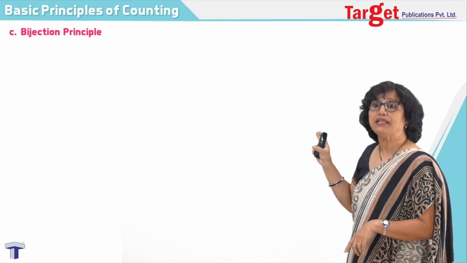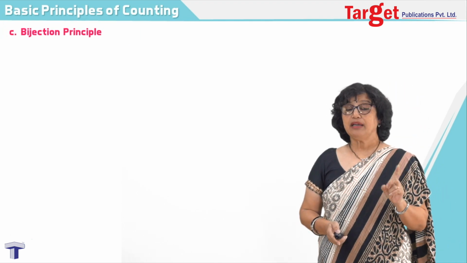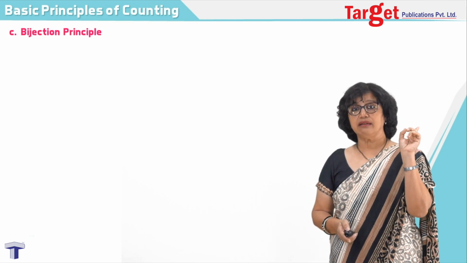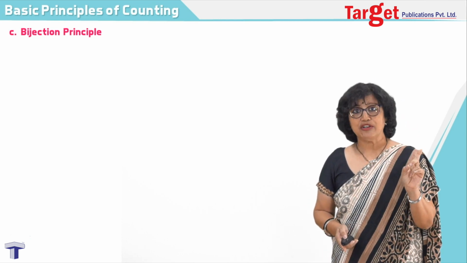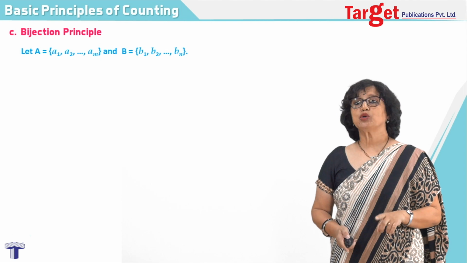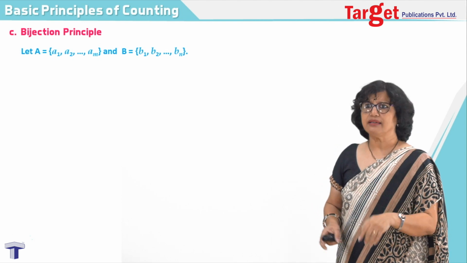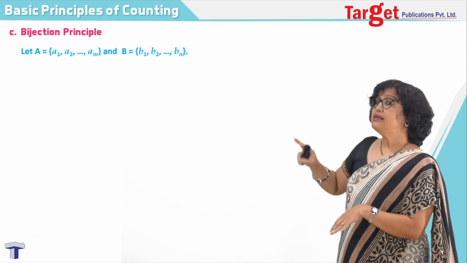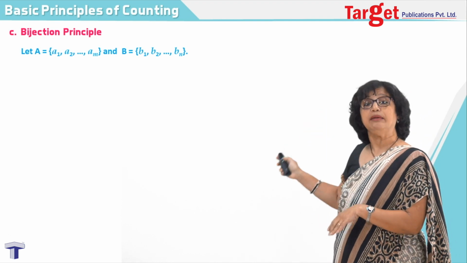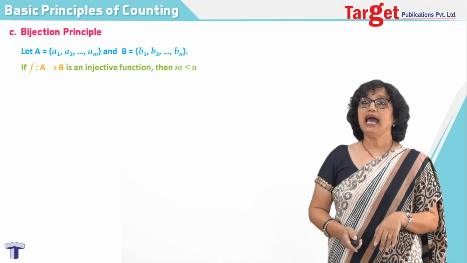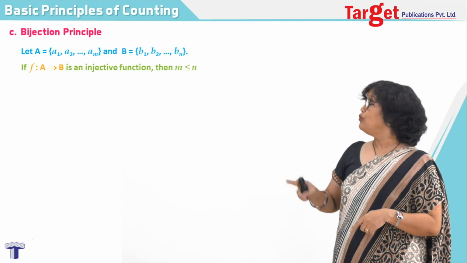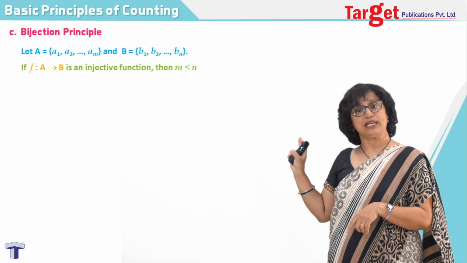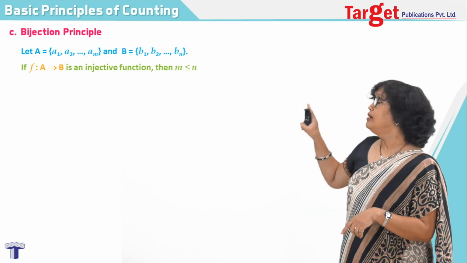And that next principle is the bijection principle. The word bijective you have already seen in functions. I hope you remember. So let me repeat that here. Set A has m elements, A1, A2, A3, up to Am. Set B has B1, B2, B3, up to Bn, n elements. And if you recall, a function f from set A to set B can be injective.